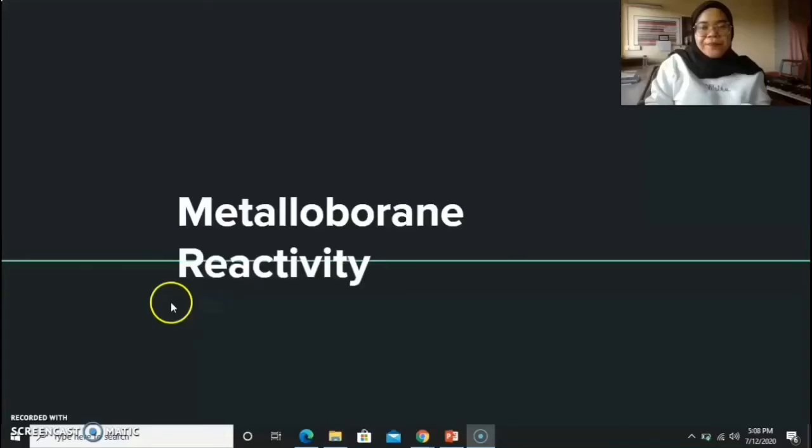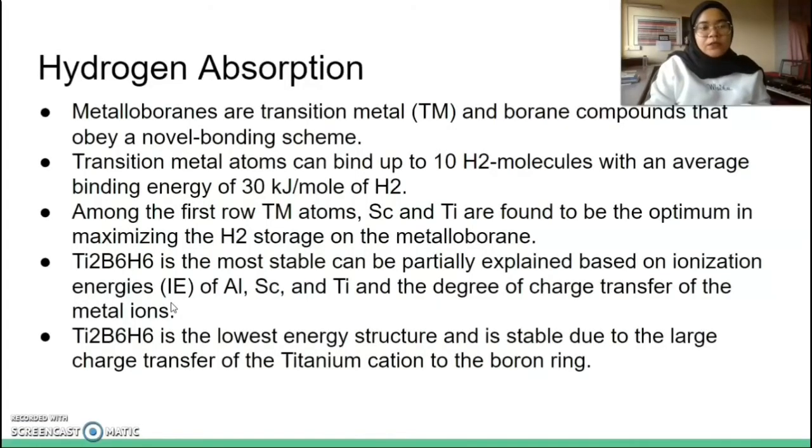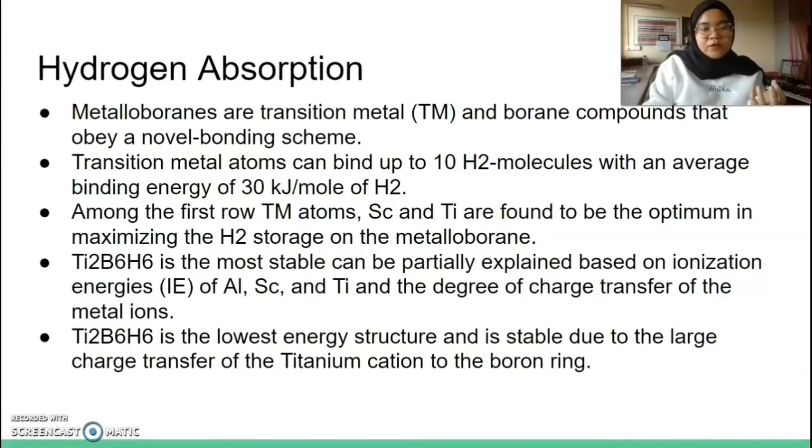Thank you. Okay, so I will continue the presentation with metalloborane reactivity in hydrogen absorption. Metalloboranes are formed when transition metal and borane compounds combine together. Transition metal atoms can bind up to 10 hydrogen molecules with an average binding energy of 30 kJ per mole of hydrogen, which lies favorably within the reversible absorption range.